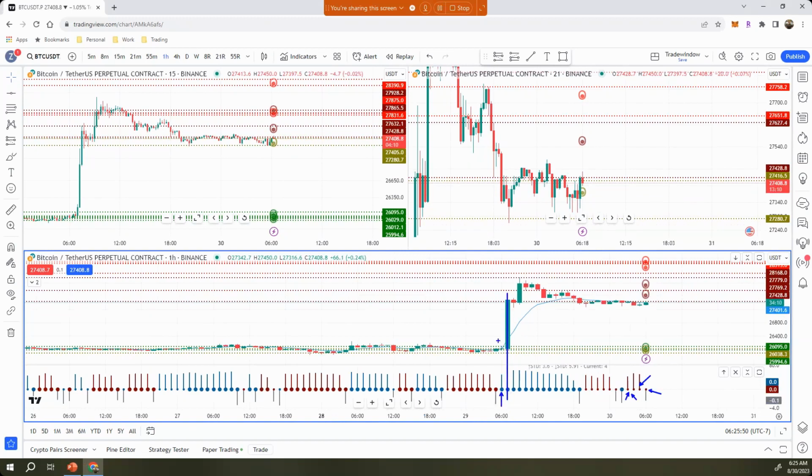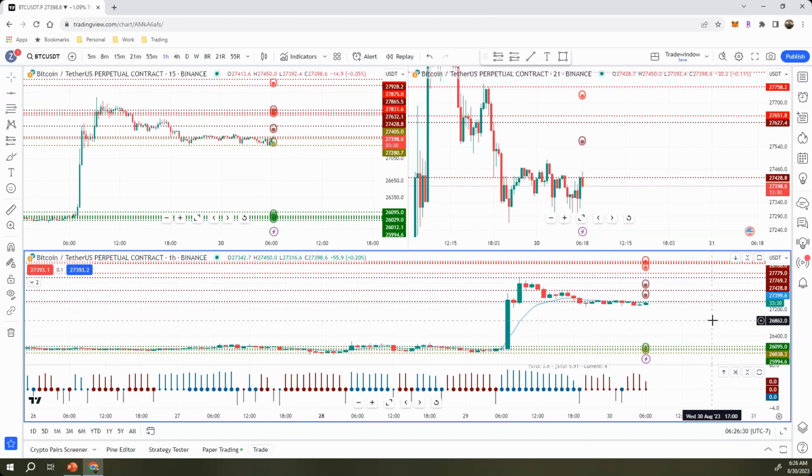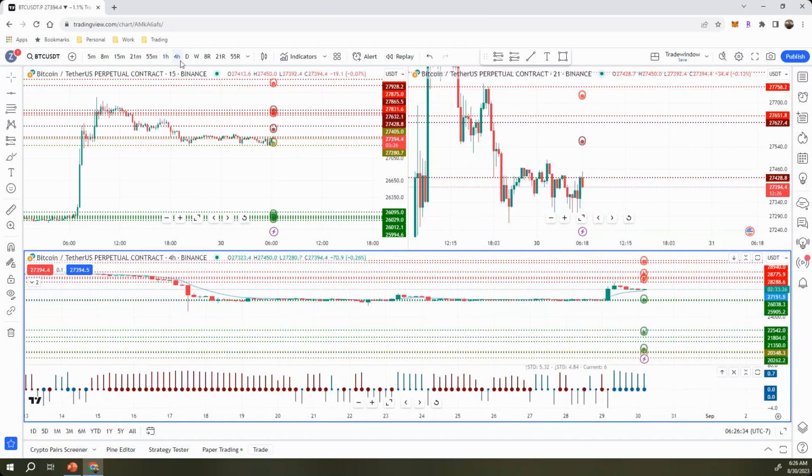So if you did end up capturing this move, you would have grabbed this entire section here. Of course, that's not to say that that's going to happen every time. But what I'm trying to say is that when it does happen, a move like this makes all the difference. So let's take a look at the 4-hour chart on Bitcoin and see if we have anything.